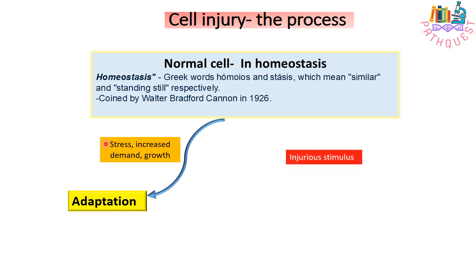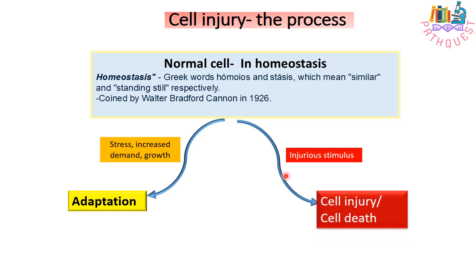In this, the cell is exposed to stress or increased demand. But if the cell is exposed to injurious stimulus, then it will result in cell injury. So the outcome of injurious stimulus can be cell injury or cell death.